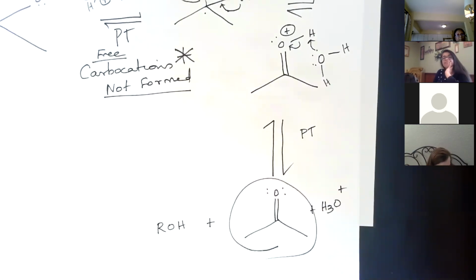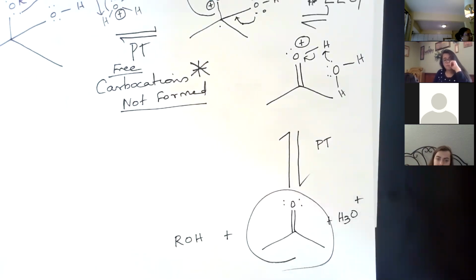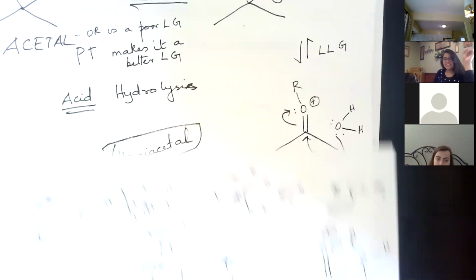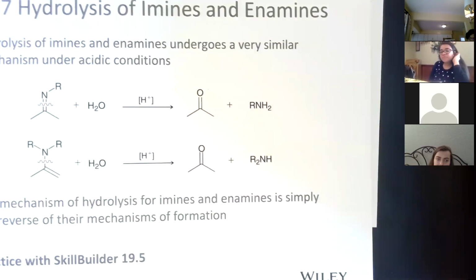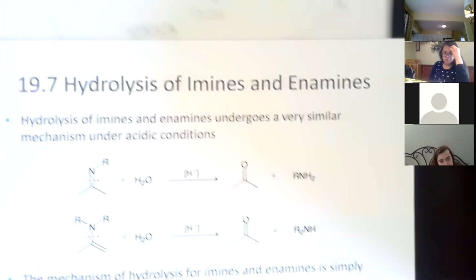All right. So acetal converted to hemiacetal and then to the aldehyde or ketone. Good times, right? Now, we're not going to look at the mechanism here, but it's very similar.